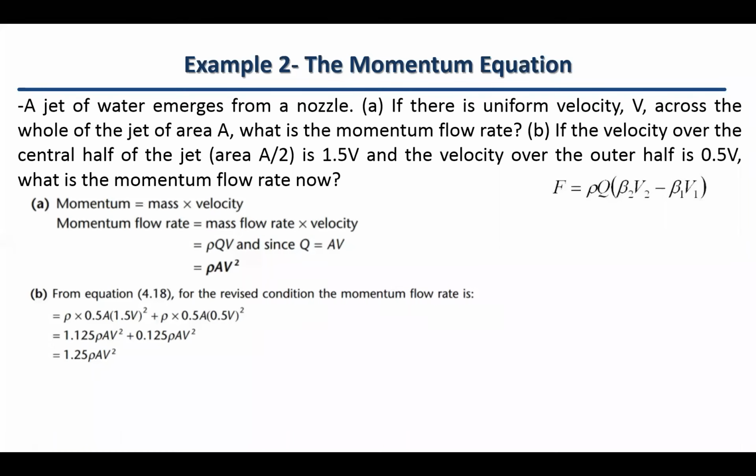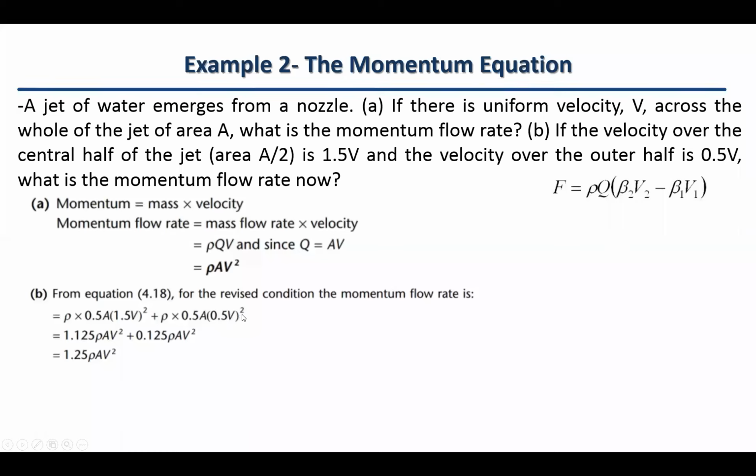We're just going to write everything here. Rho, half of the A, times the velocity 1.5 v, all raised to the power 2. This is the half momentum, plus the next half, rho half A times half v squared.